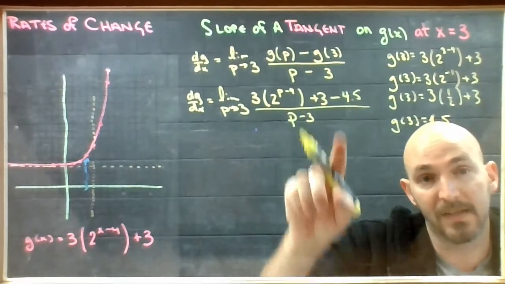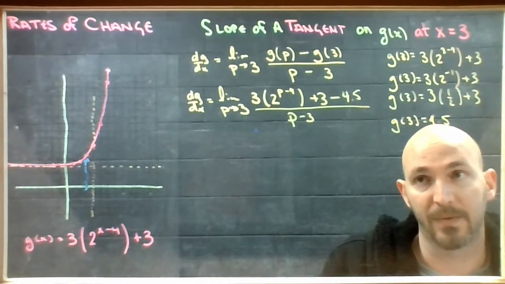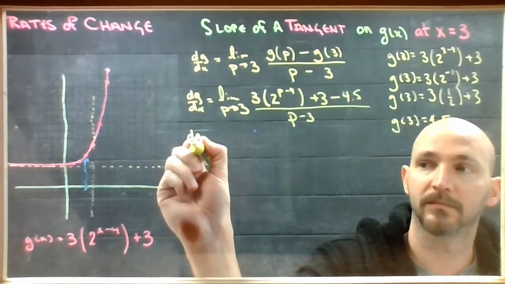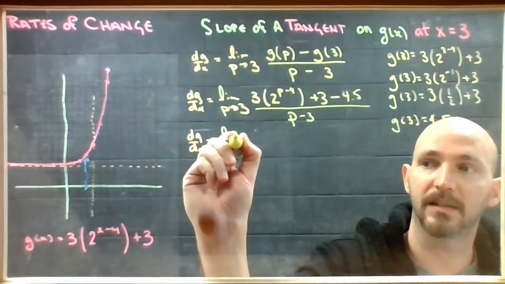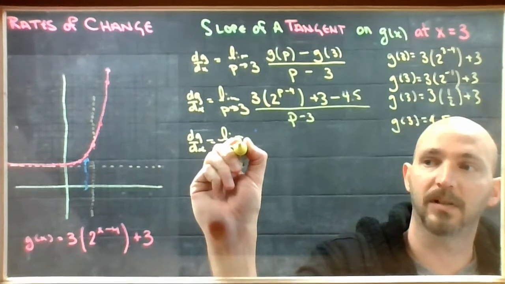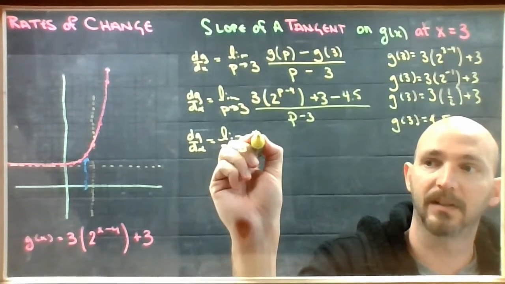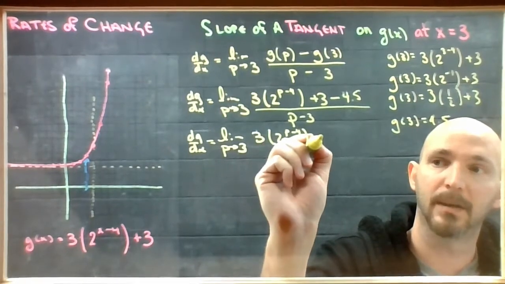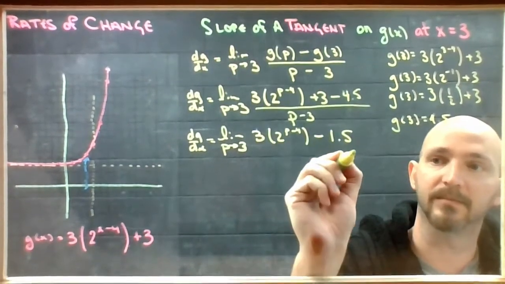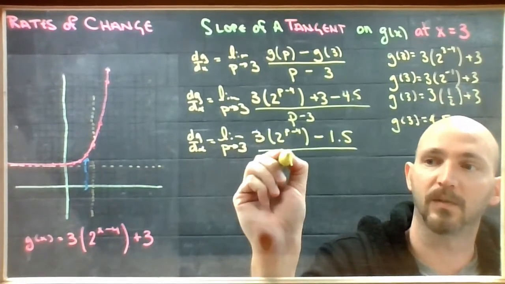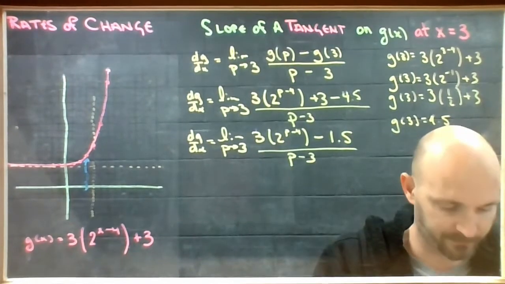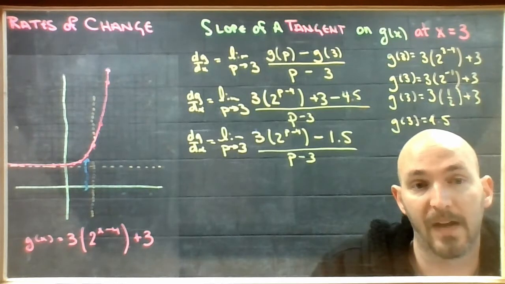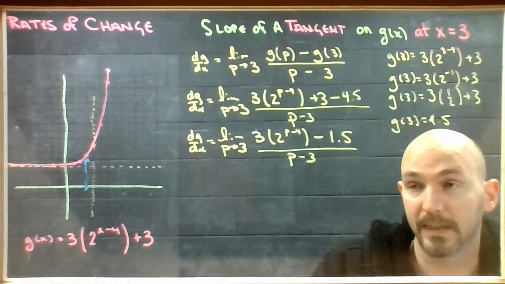Now 3 minus 4.5 is negative 1.5, so I can write it that way. So the limit as the dummy variable approaches the value I'm after, 3, of 2 to the p minus 4 minus 1.5 over p minus 3. So the only thing left to do then is to evaluate that limit manually.